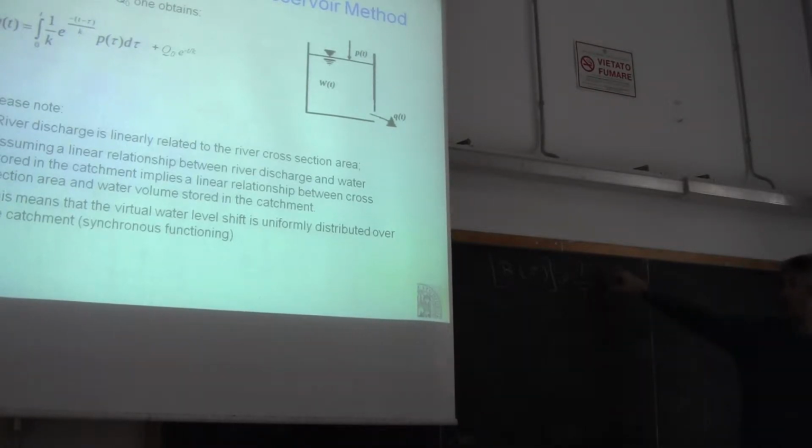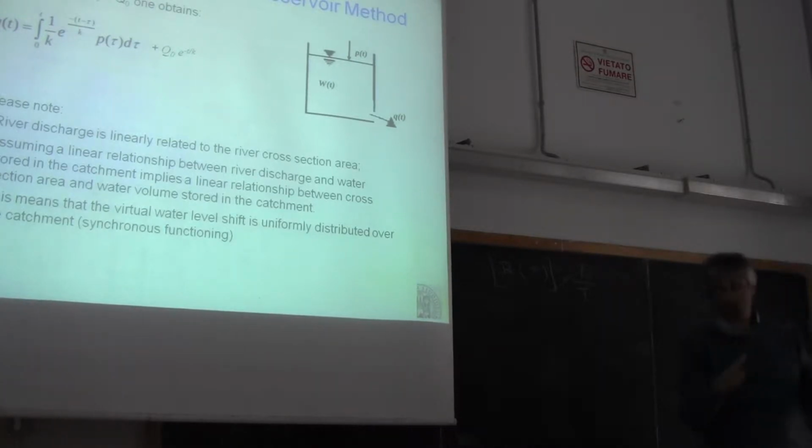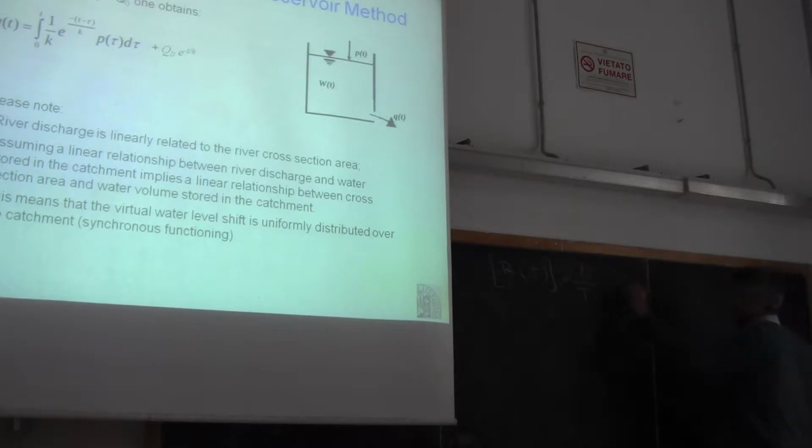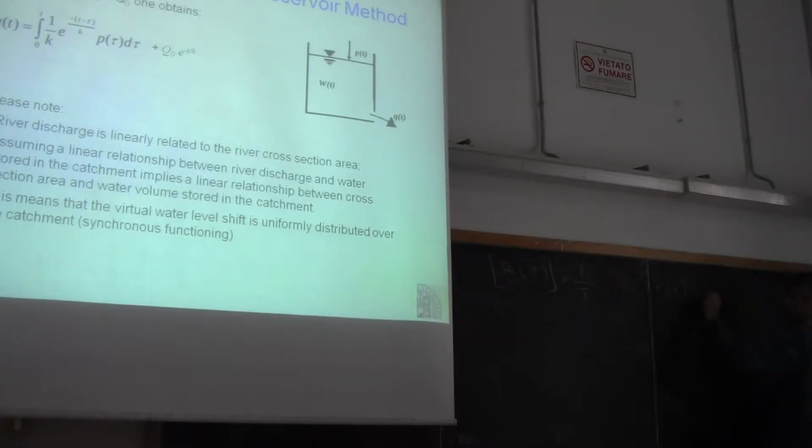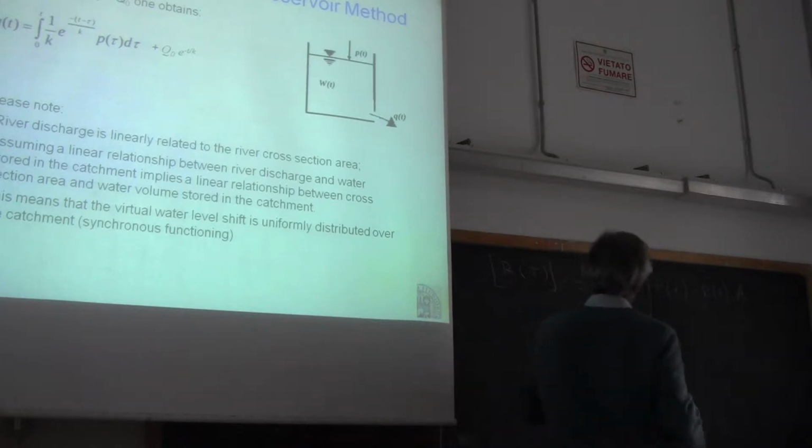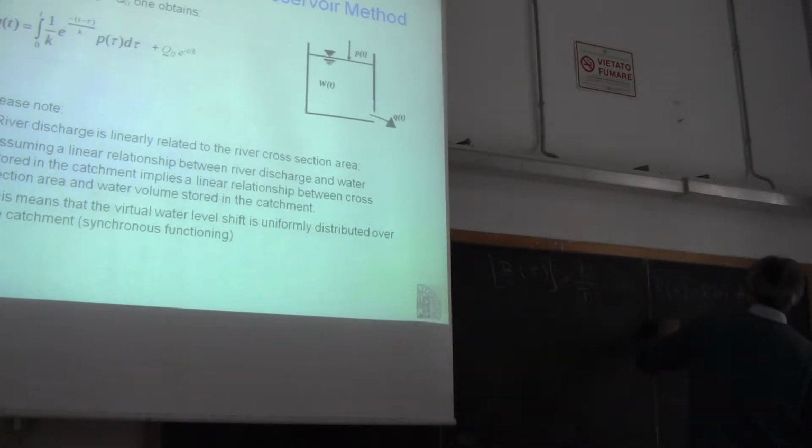So the dimension is depth of rainfall, which is a length over a time t, because it's rainfall per unit time. If we want to translate it in terms of volume of rainfall over the catchment at time t, this is equal to the RT times the area of the catchment, and the dimension then of PT is a cubic length over time.